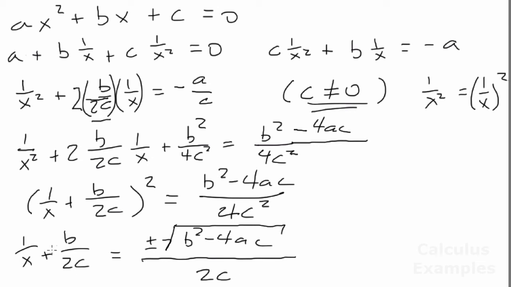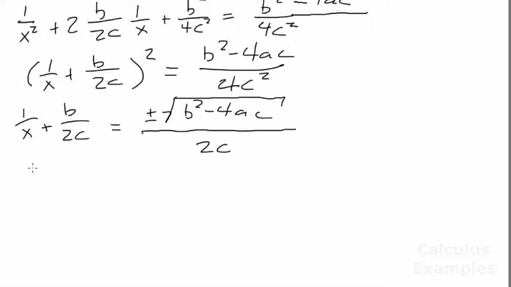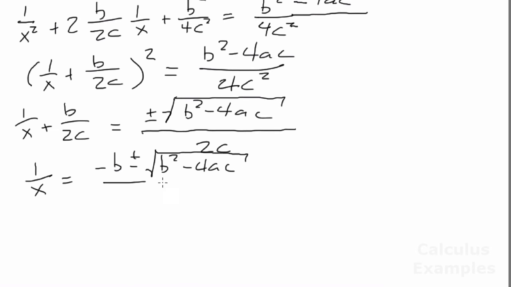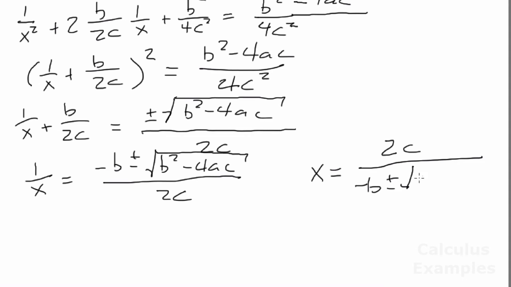I'm going to subtract this term from both sides, which gives us 1/x = (-b ± √(b² - 4ac))/2c. And next we just flip both sides. So x is equal to 2c divided by (-b ± √(b² - 4ac)).